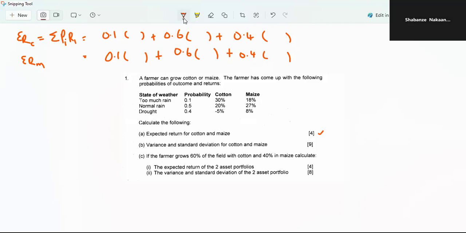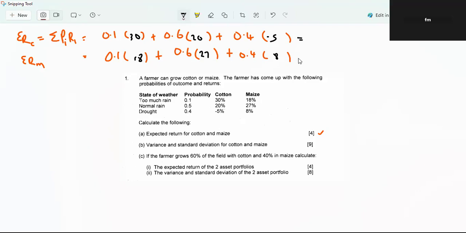We have 10%. So we start with cotton. We have 30, 20, minus 5. Then here for maize we have 18.7, 7 and 8%.